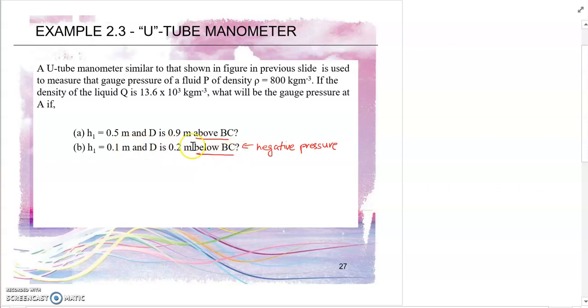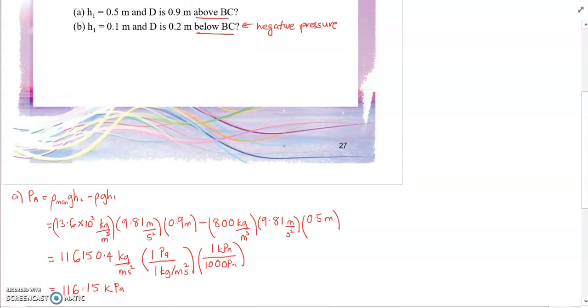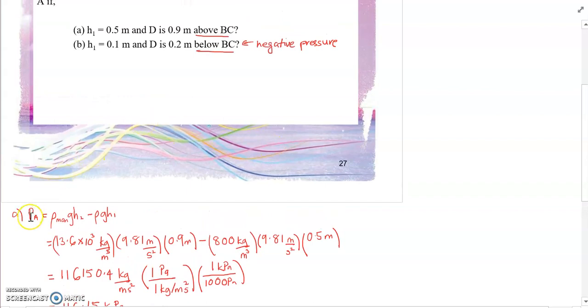So the difference here is one is above BC and the other one is below BC. So we know that for the one below BC, it is negative pressure. So let's look at the calculation now. For part A, we can straight away use the formula that we have derived previously.